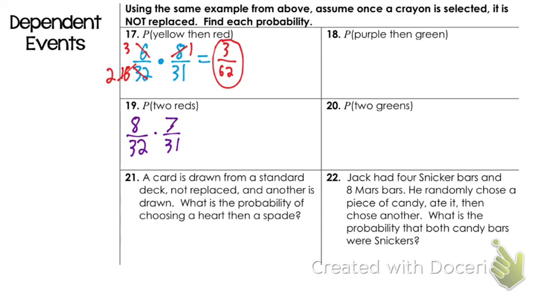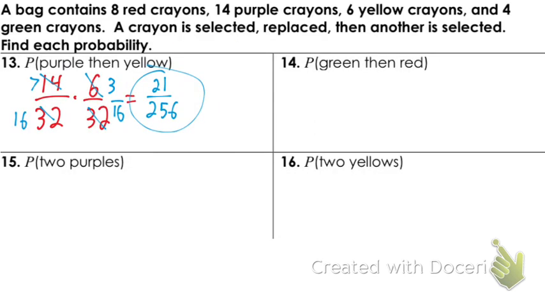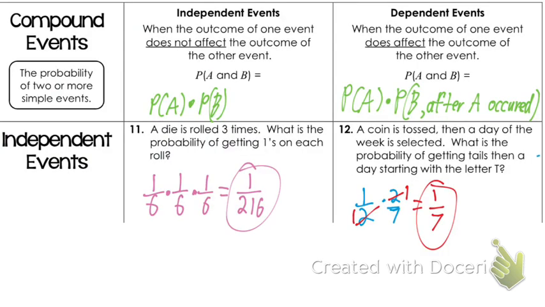How do you know we took the red one out? It could have been a blue. Great question, because it says the probability of 2 reds in a row. So we have to assume... Hey, Lainey, great question. Let's go up to a little bit ago. For dependent events, probability of A, so that'd be the red crayon, 8 over 32. Probability of B after A occurred.